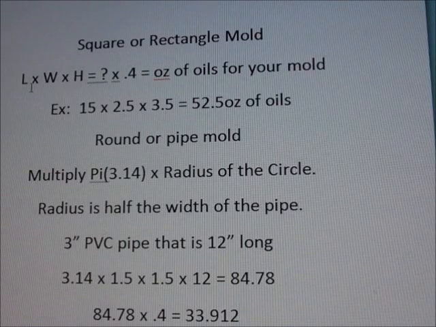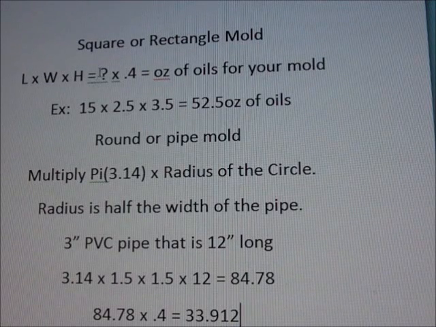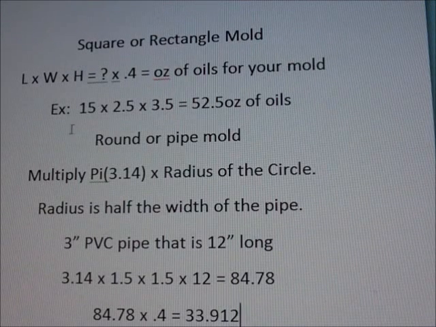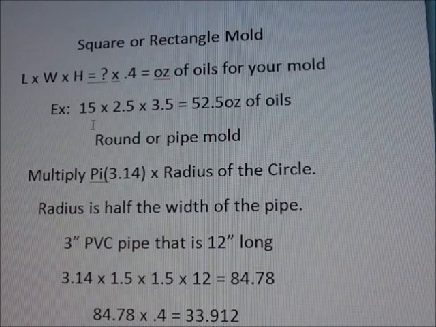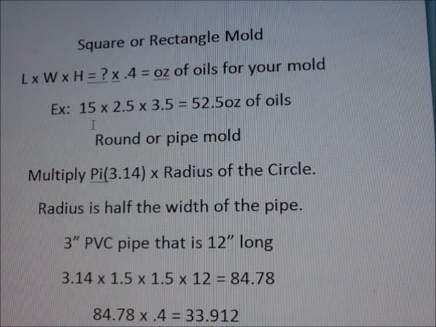You're going to multiply your length times your width times your height, and that's going to give you the total. And then you multiply that by 0.4, and that will give you the ounces of oils for your mold. So for example, your mold is 15 inches long by 2.5 inches wide by 3.5 inches tall.